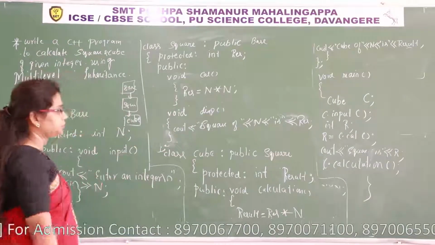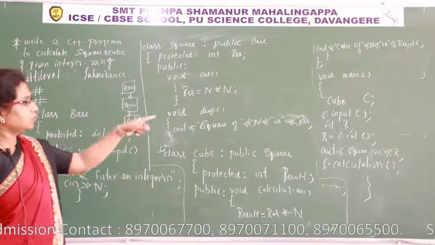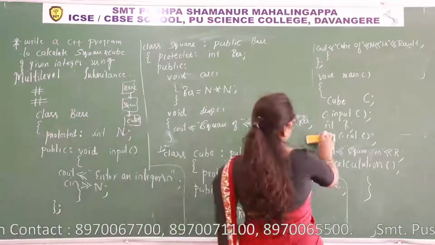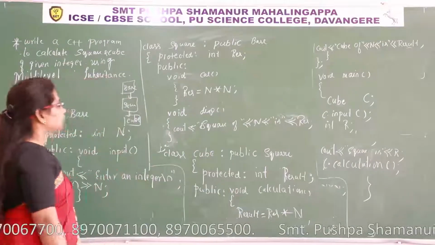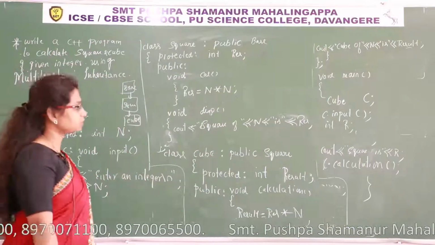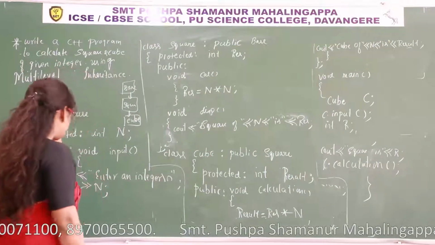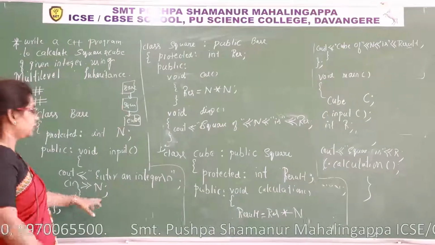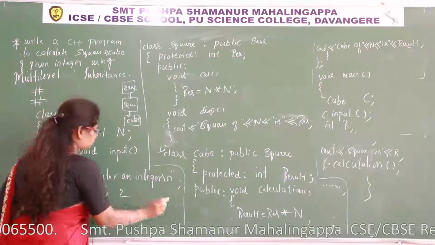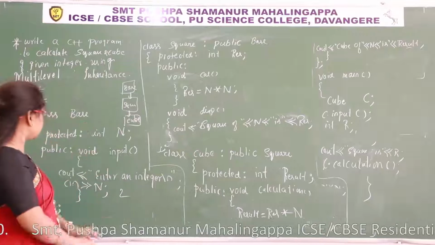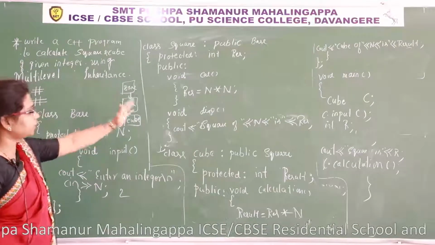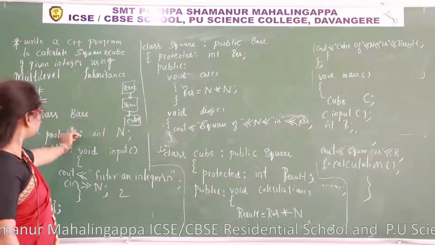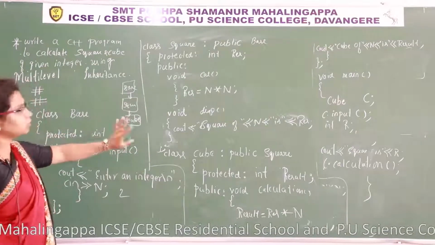See here, when I create an object for class cube, memory allocation takes place. c dot input, so what is the value of n? If I take the n value as 2, I'll take 2. That n, the value of n, will be inherited to these two classes, because protected members are inherited to the derived class.